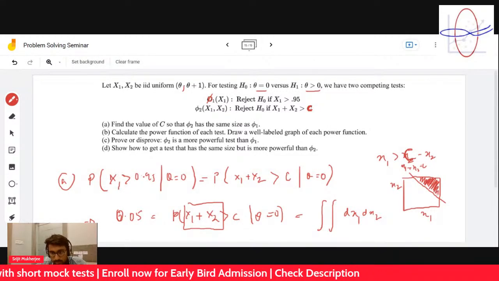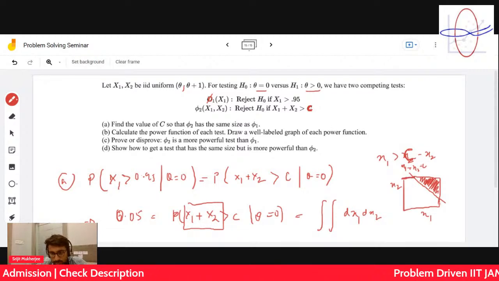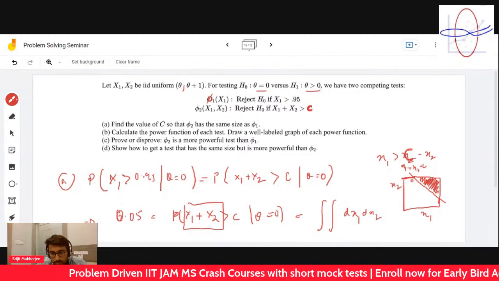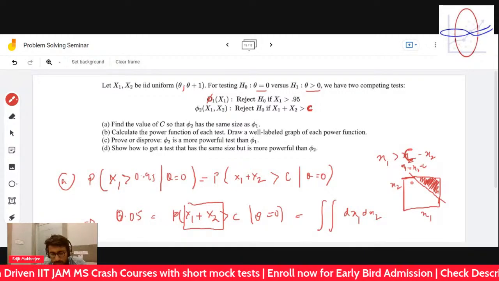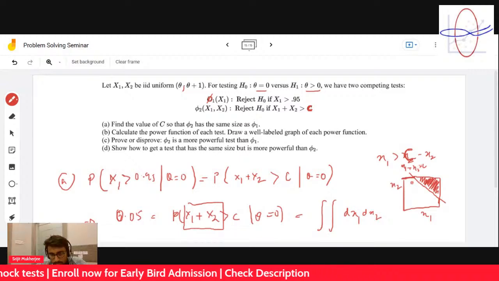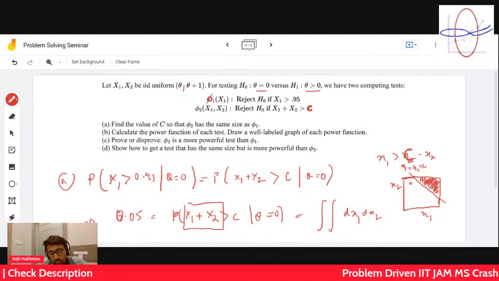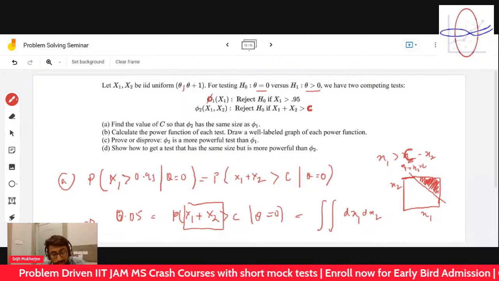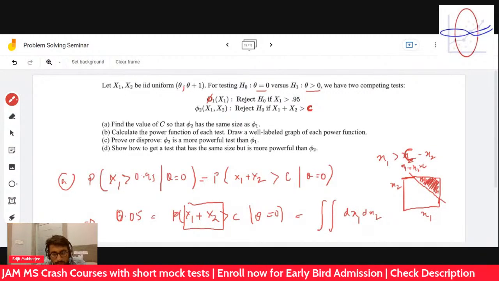Where does this cut? Let me just check. Here x2 is equal to 1. Just give me a minute. It depends on whether c is more than 1 or less than 1.